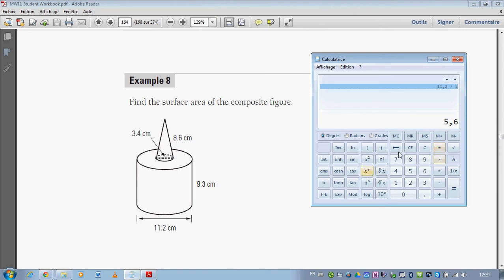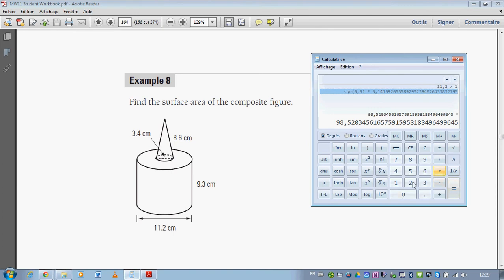And then you square that, because the area of that circle is pi r squared, so radius squared, and then times pi. Okay, so this is the area of my top circle, which when multiplied by 2, gives me also the area of the bottom circle as well. So I'm going to multiply this by 2. So I've gotten a total surface area for those two circles of 197.04. I'm going to jot that down too.